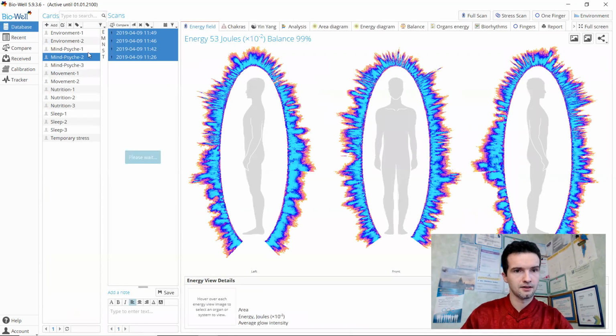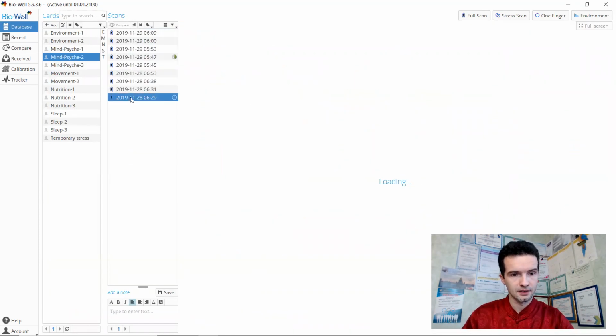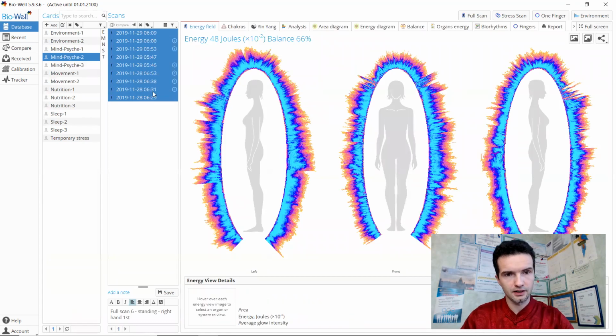Another case is directly connected with the psycho-emotional state, with the chakras, because these energy centers in our software allow us to see how stable the person is in time. And of course, in order to interpret chakras, you need to make as many scans as possible to see the tendency.